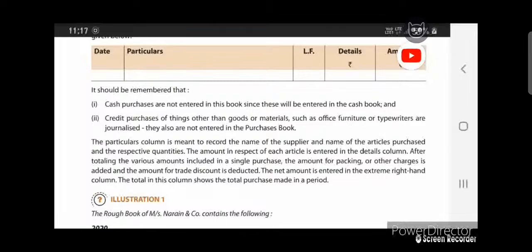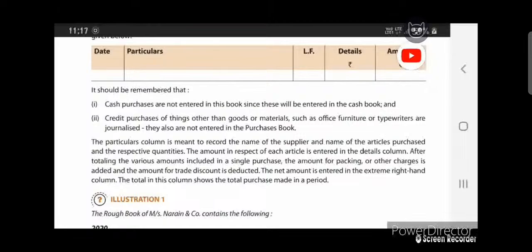Then you add packing charges and other charges, and deduct the trade discount, and you get the amount you should pay. The net amount is entered in the extreme right hand column, and the total in this column shows the total purchases made in a period.